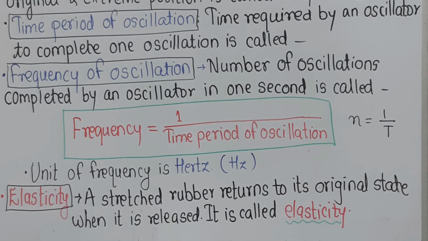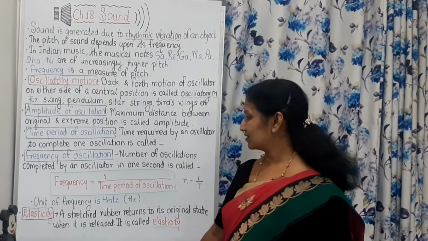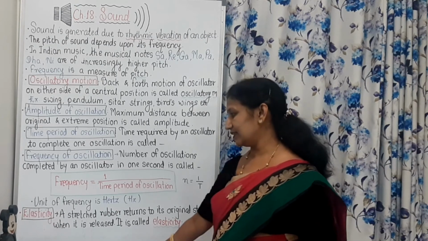What is the formula for frequency of oscillation? Frequency is equal to 1 upon time period of oscillation. N is equal to 1 upon T, and this frequency is denoted by the unit hertz, and hertz is written in short as Hz, like this.